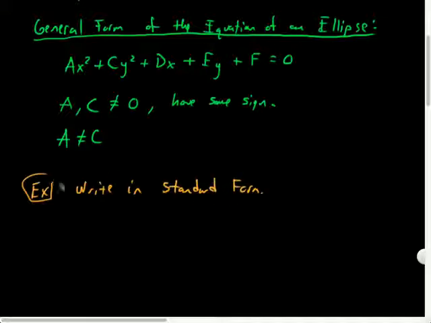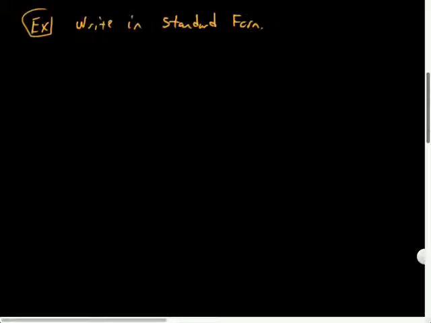Let's say I've got the following: 4x squared plus 9y squared minus 40x plus 36y plus 100 equals 0.